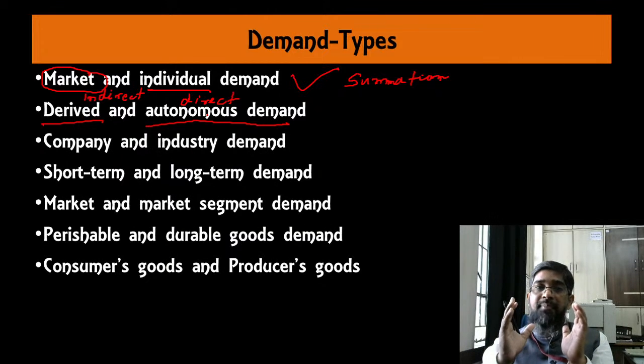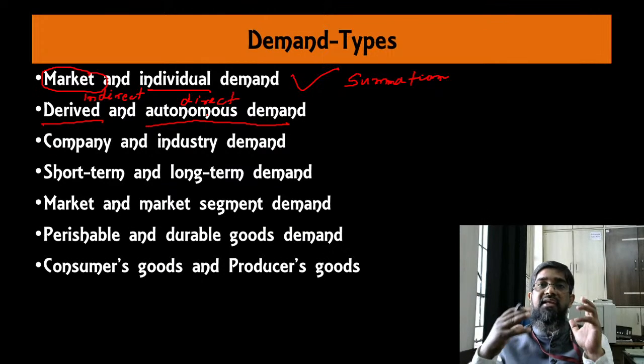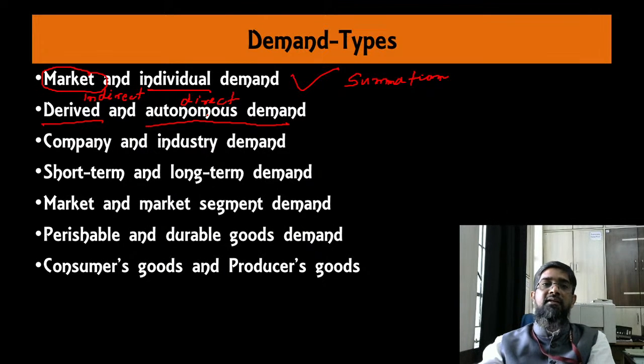Mostly the capital goods और machinery equipment जो है वो that is derived demand, indirect demand होता है. ठीक है, is this clear students? Derived and autonomous demand is clear to you?